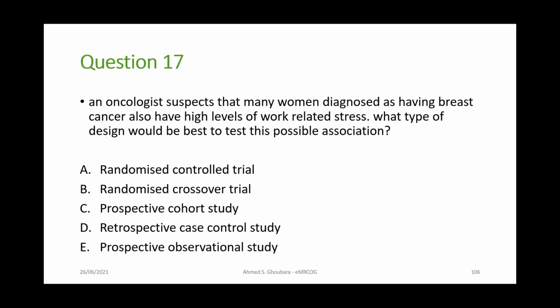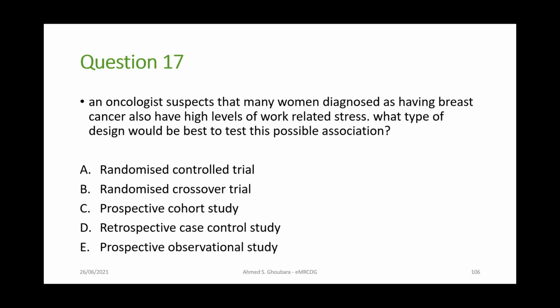So, question 17. An oncologist suspects that many women diagnosed with breast cancer also have high levels of work-related stress. We will spend about 30 minutes from now discussing the different study designs.